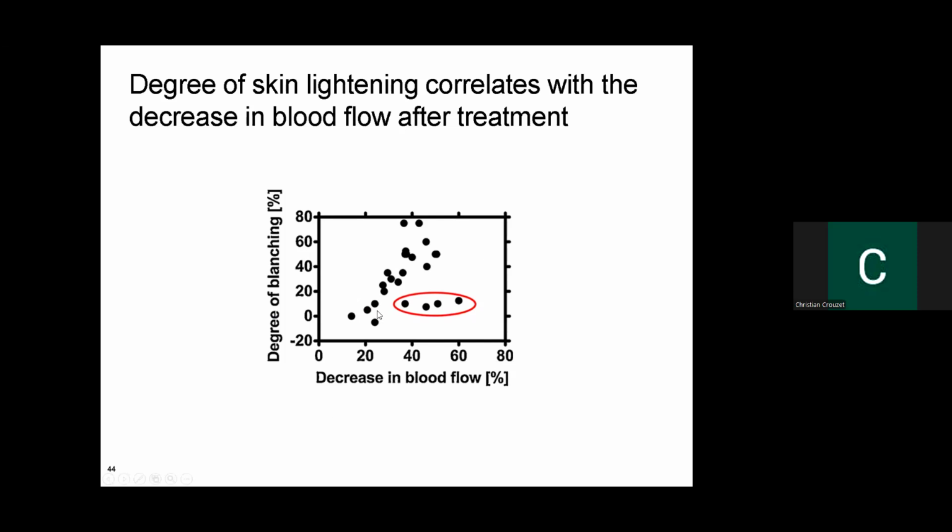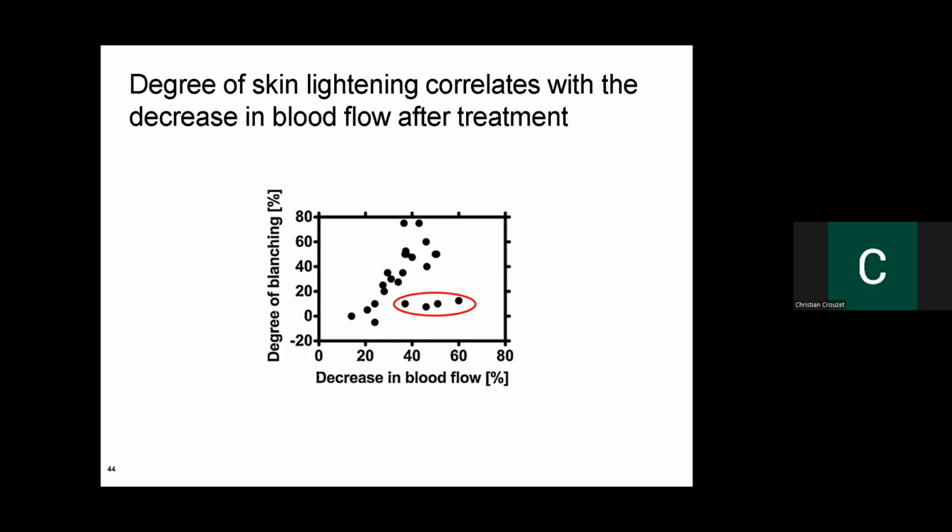The result was that for the large majority of subjects, more of a decrease in blood flow correlated with more of a lightening in the skin. Again, this was done without the clinician knowing about the blood flow values. These four subjects here, even though they did have a decrease in blood flow, their blanching or skin lightening really didn't change much.